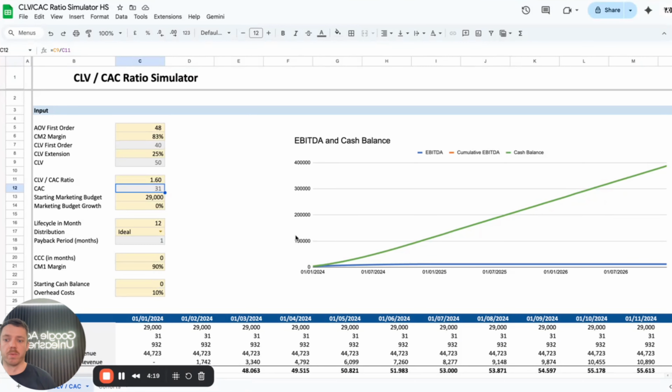So the first step is that you just put something like CLV CAC ratio calculator into Google, and you can actually find those spreadsheets. I, for instance, found one from a page called loyaltylion.com, which does this pretty good, but I also would recommend just downloading the free resource from clar.com, and you can actually get this here.